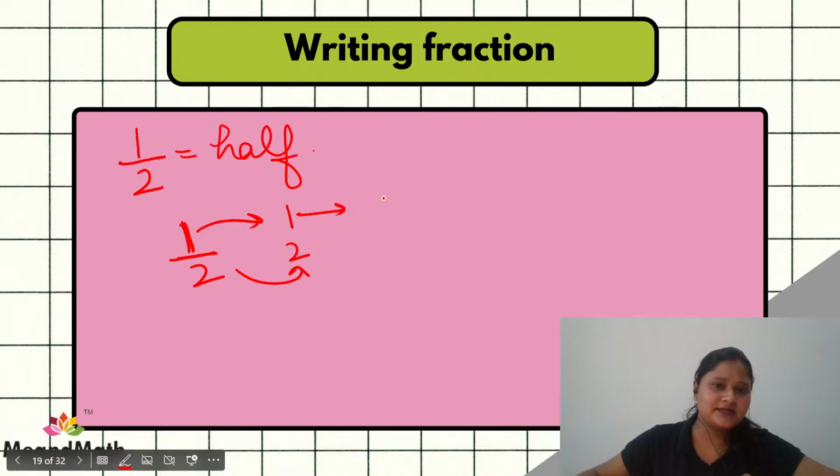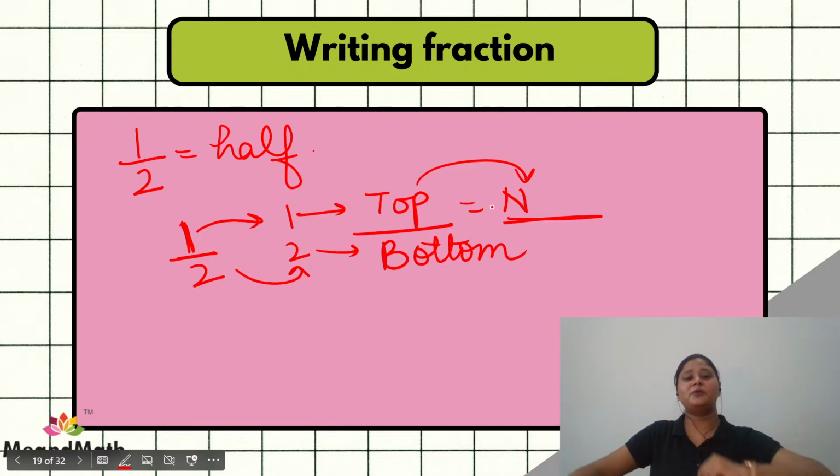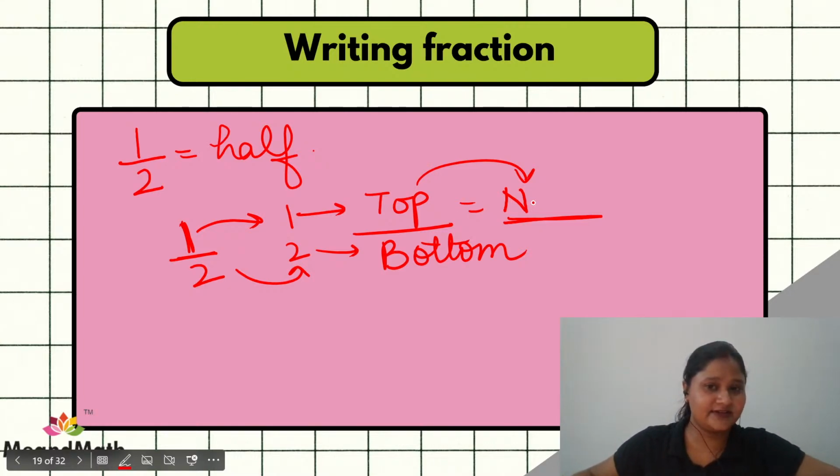One number is written on the top and the other number is written at the bottom. This top number, what do we call it? I'll give you a hint. The word starts with N. Now tell me. Very good. It's a numerator.